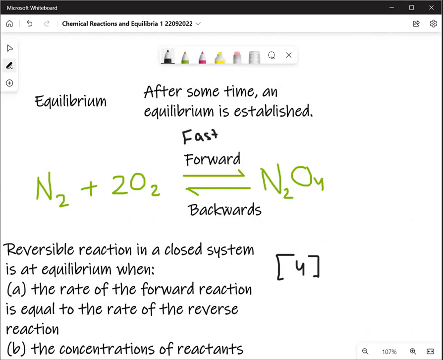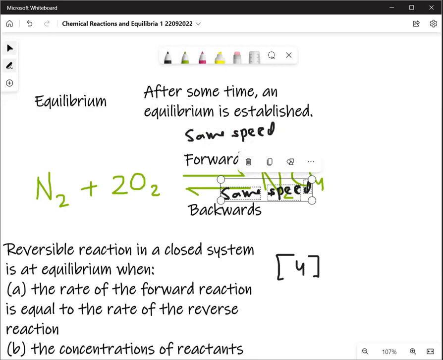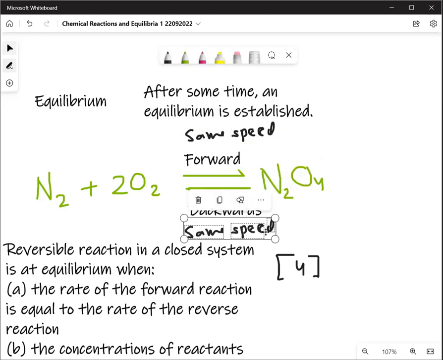But after some time both become the same speed, so the forward reaction and the backward reaction are happening at the same speed.